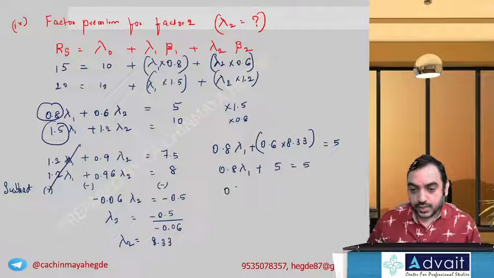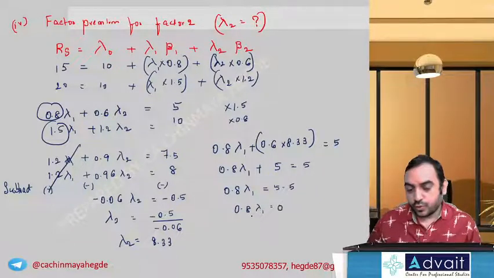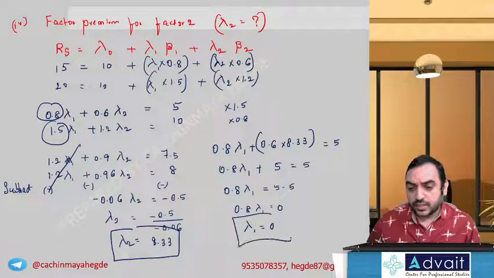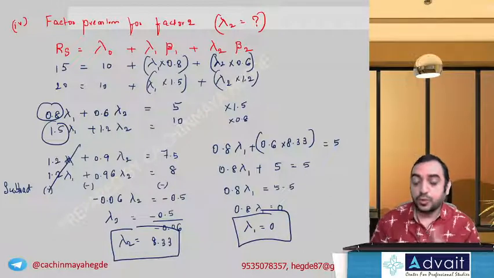So 0.8 lambda 1 equals 5 minus 5, so 0.8 lambda 1 is 0. Therefore lambda 1 equals 0. They have not asked for lambda 1, but if they had asked, the answer would have been 0. So no impact actually. Everything is because of factor 2 only.